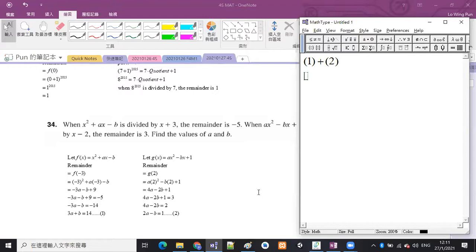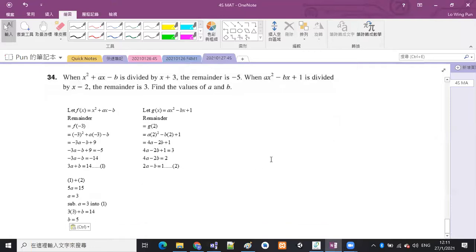For the a column, we have 3a plus 2a. I get 5a. For the b column, b minus b cancel. For the constant terms, 14 plus 1 is 15. So a is 3. And then sub the value of a into equation 1. Okay, so 3 plus b is 14. So b is 5. Okay, and that's how we can find the values of a and b.